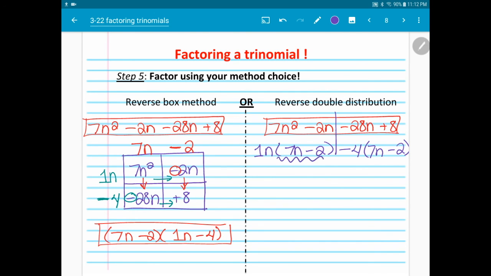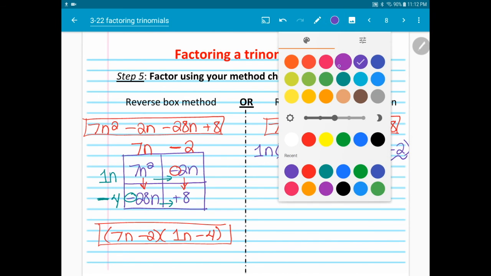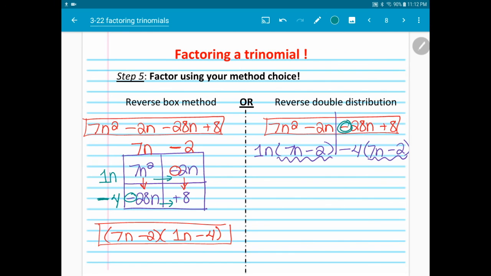Remember that these two needed to be the same. That's why I had to take out that negative. But keep in mind that same rule applies. If it's in front, take it out. So our two binomials, 7n minus 2. I'm getting that from both of these. And then 1n and negative 4 is going to give me my second one. So that's our final answer.